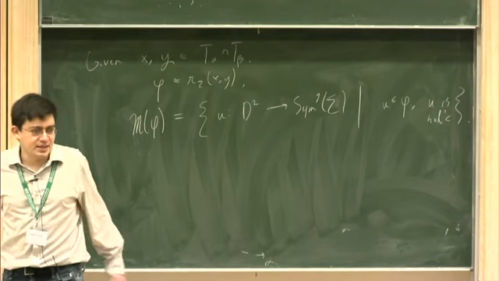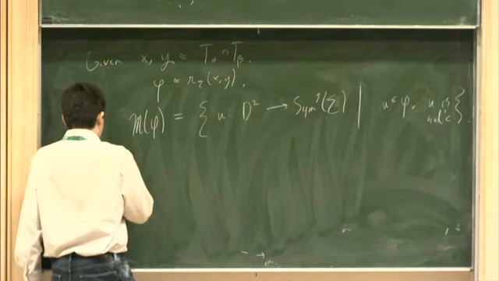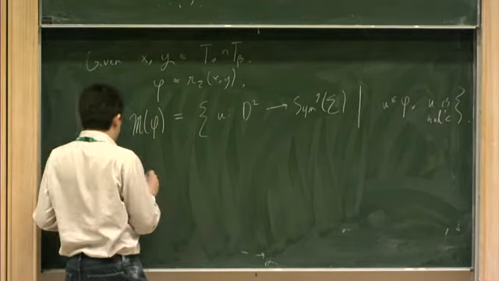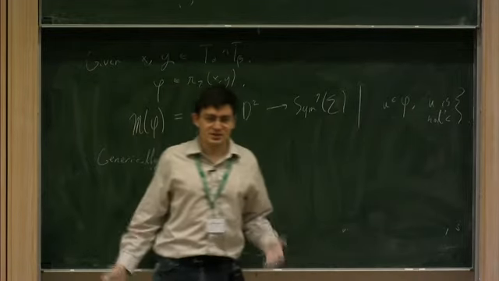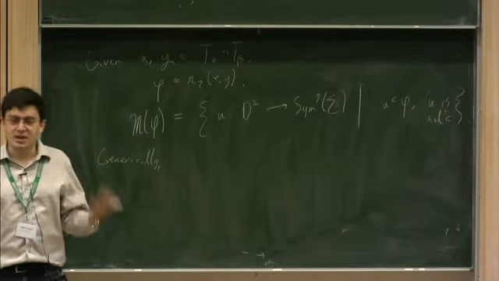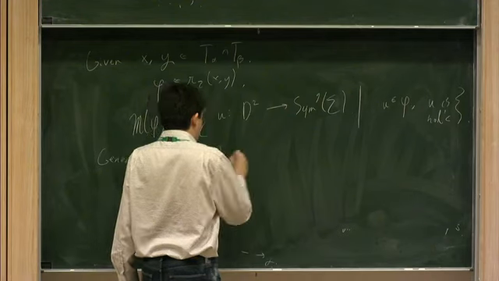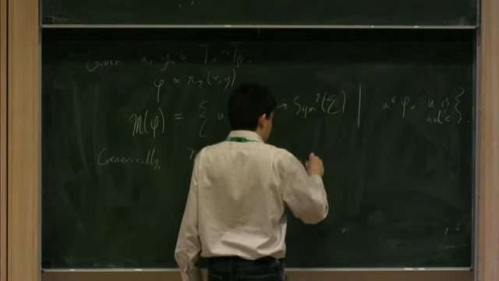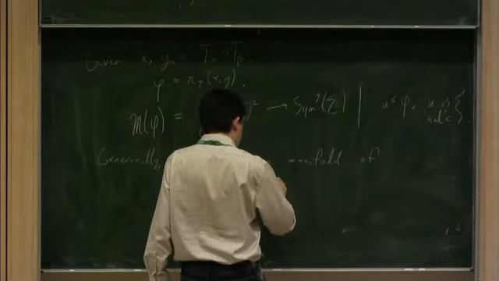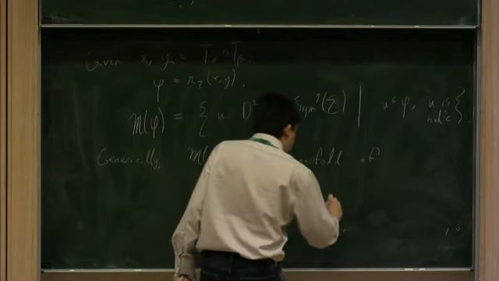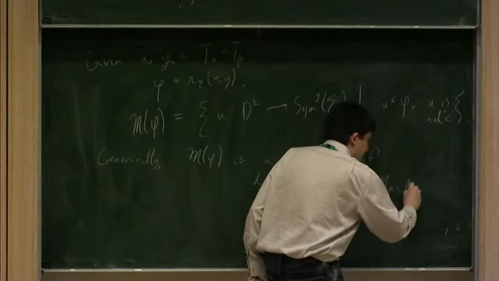And my claim is that this moduli space is, under suitably generic conditions, so if the almost complex structures are chosen suitably generically, M of phi is a manifold of dimension mu of phi, which is called the Maslov index.